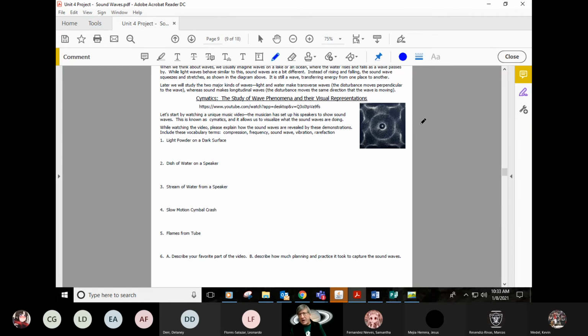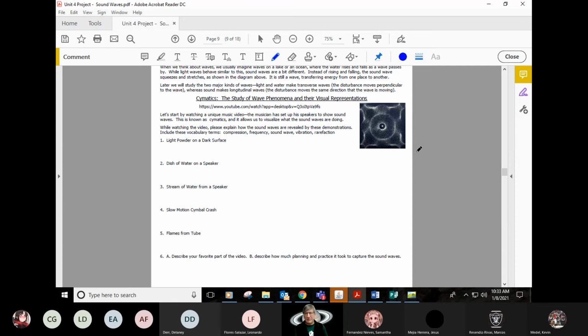Then when the sound waves come through the speaker, it vibrates the paper, which vibrates the white powder, and the powder ends up accumulating in these patterns. And with different notes, these patterns change. And we call this cymatics. And so there's this really cool visual representation of what's happening to the sound waves.